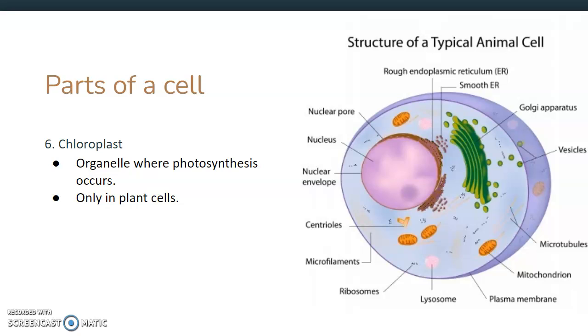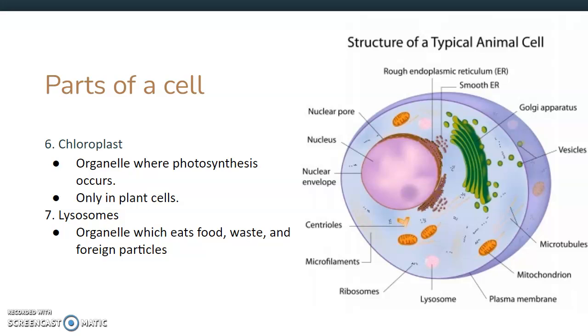And we know that they have thylakoids and stroma and chlorophyll, and that we've learned all about the process of photosynthesis, how it can convert light energy into sugars using carbon dioxide and water, and then it also produces oxygen.